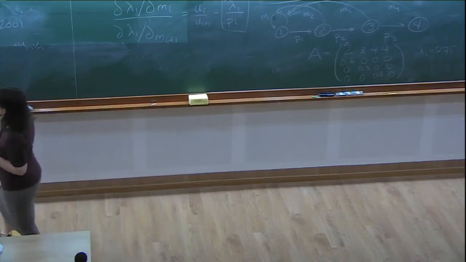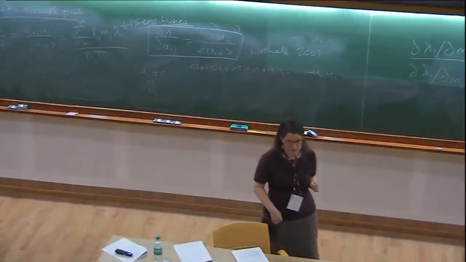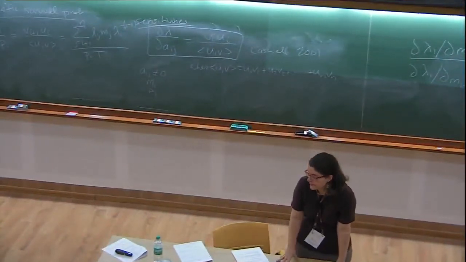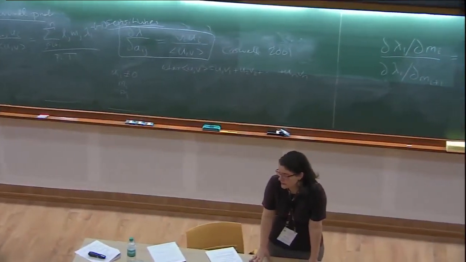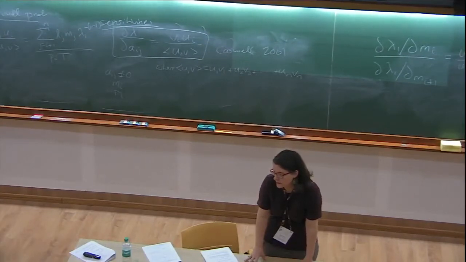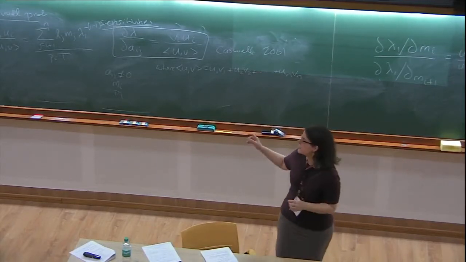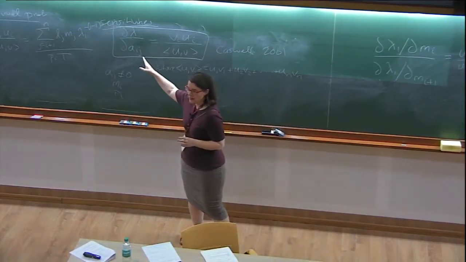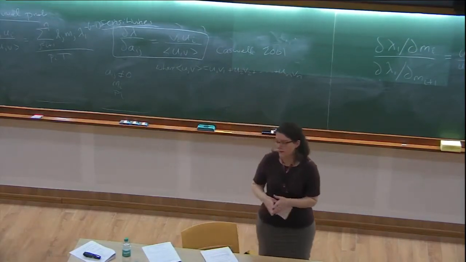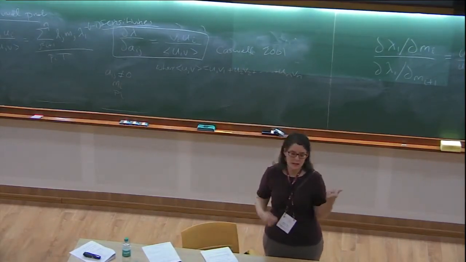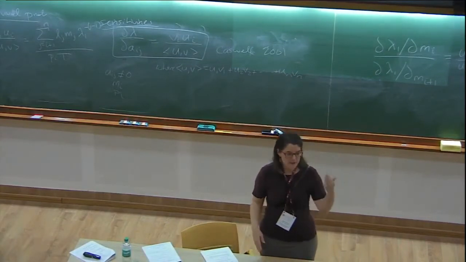Lambda depends on all the elements, right? Well, yeah, if you define fitness in this way, you naturally have a framework for epistasis, because every single entry of the matrix affects lambda.